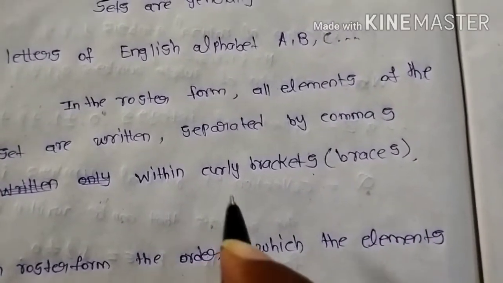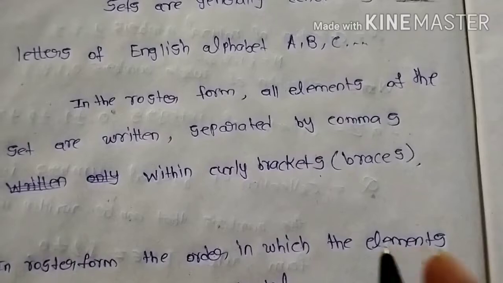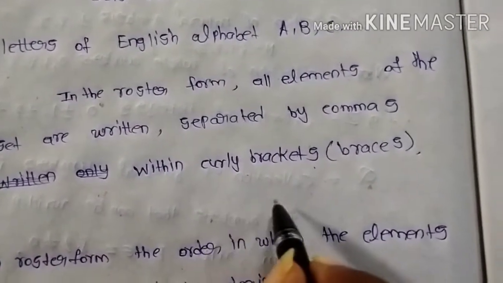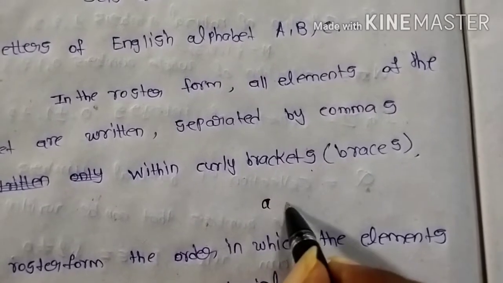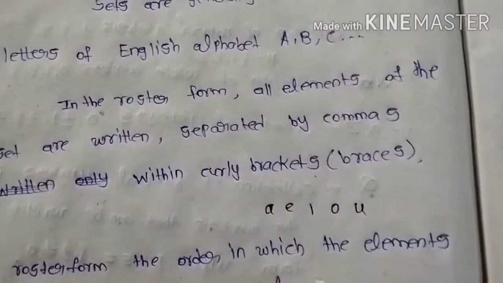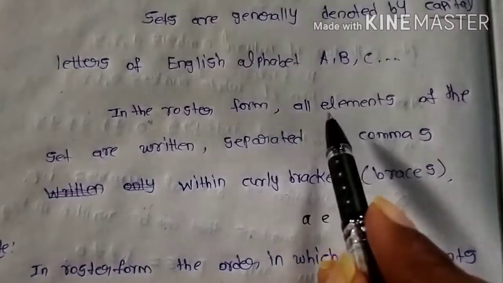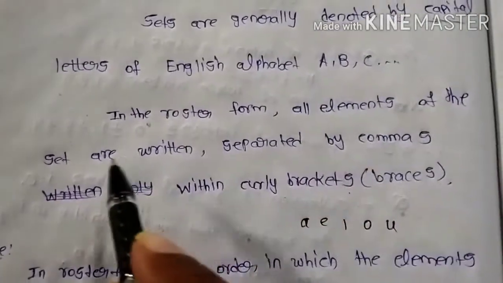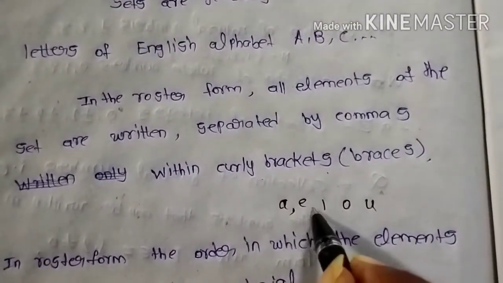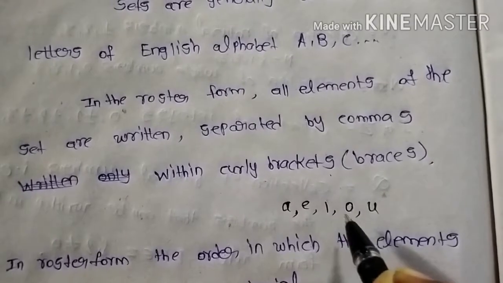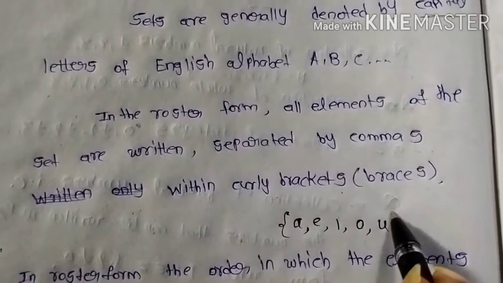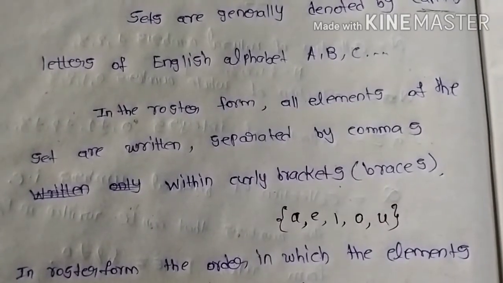How can you represent it? First write all the elements: A, E, I, O, U. Yes or no? All elements of the set are written separated by commas within curly brackets. Is it okay? I hope you understood. This is very easy.